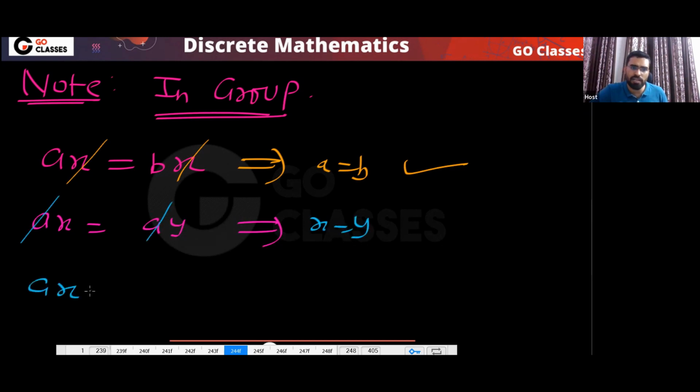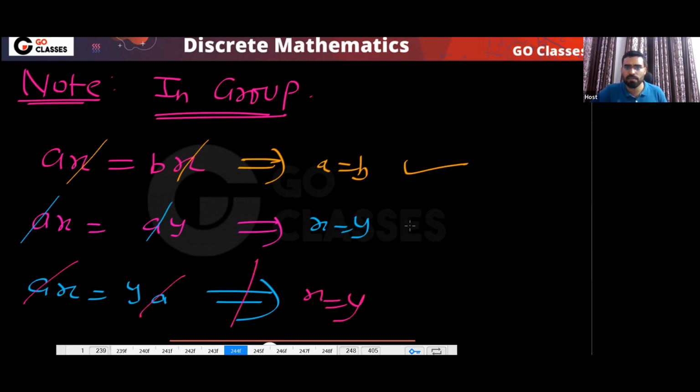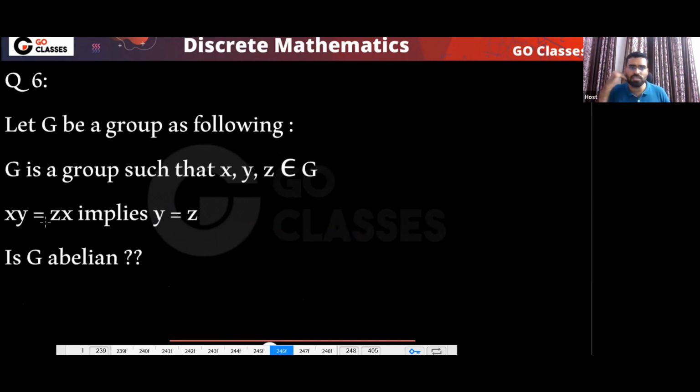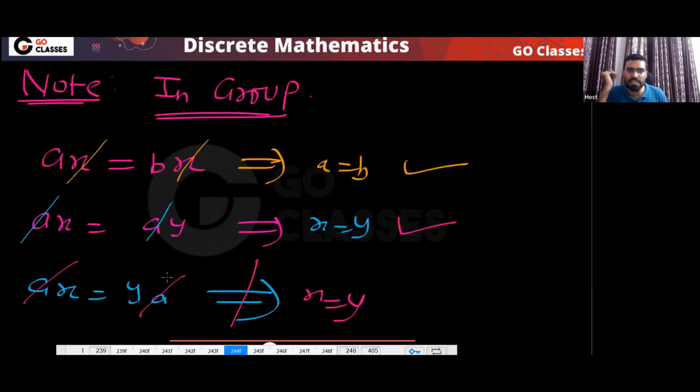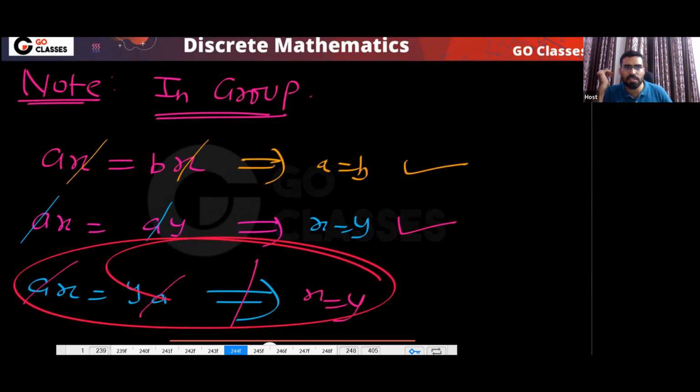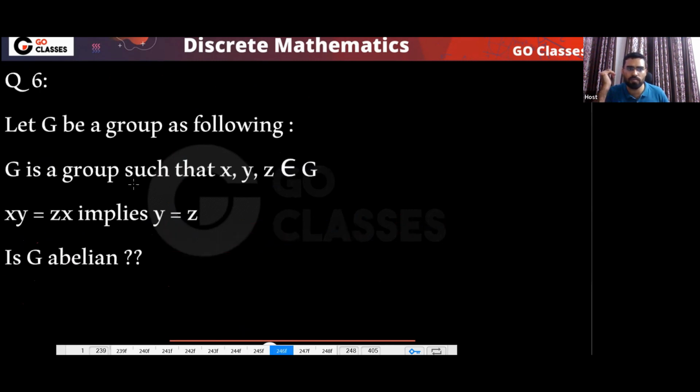But AX equal to YA is not allowed, right? You already know this. Now remember, this question is saying that if this happens, then can I say it is an abelian group?